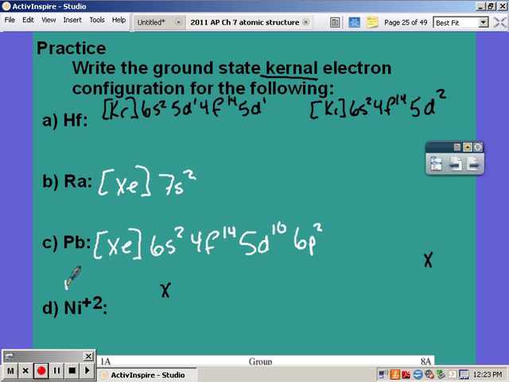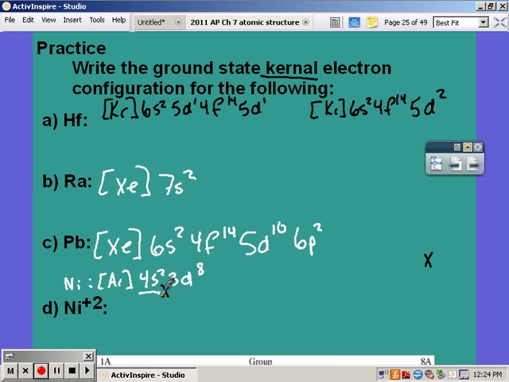Nickel plus 2 is a little bit trickier, so let's write out nickel's regular configuration. Or its shorthand, but just for nickel atom. You have argon and then 4s2, 3d8. So if it's nickel with a plus 2 charge, it's going to lose its valence electrons first. And remember that we'd said the valence electrons are the s and p orbitals.